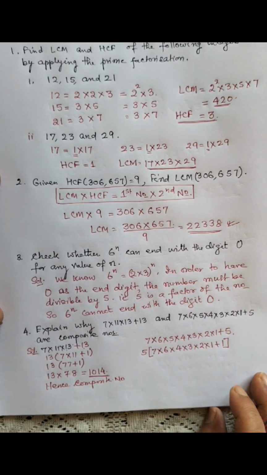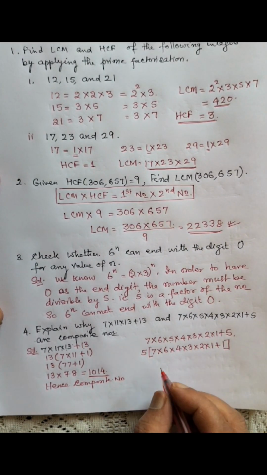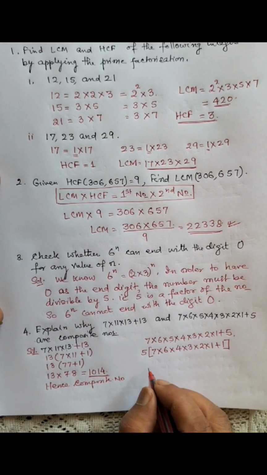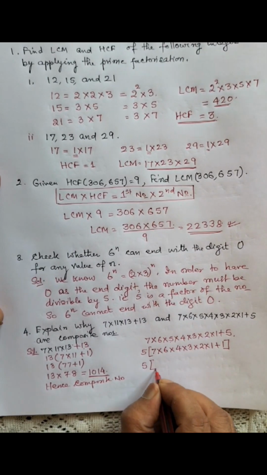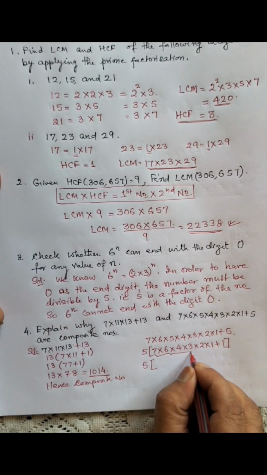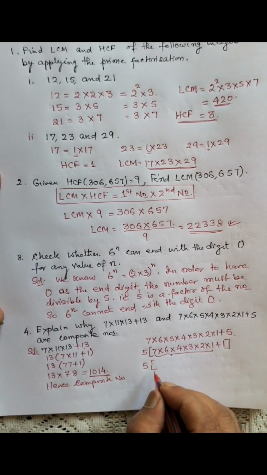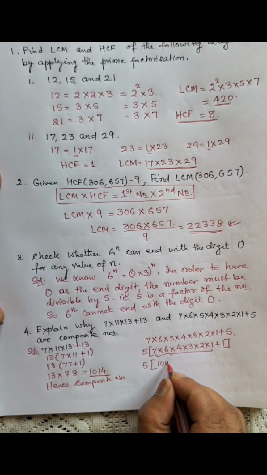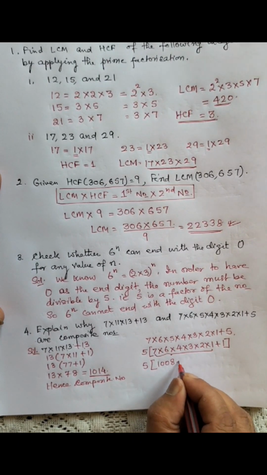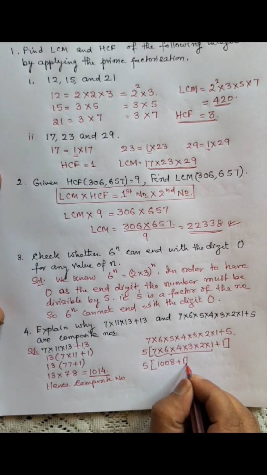Now when we simplify this, the product of these numbers is 1008, plus 1.